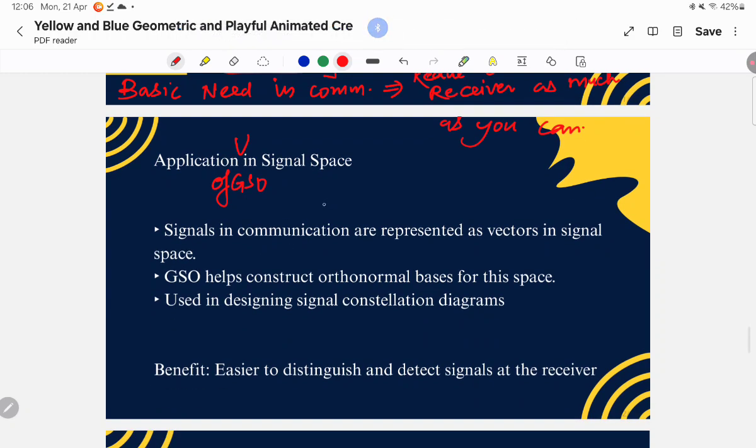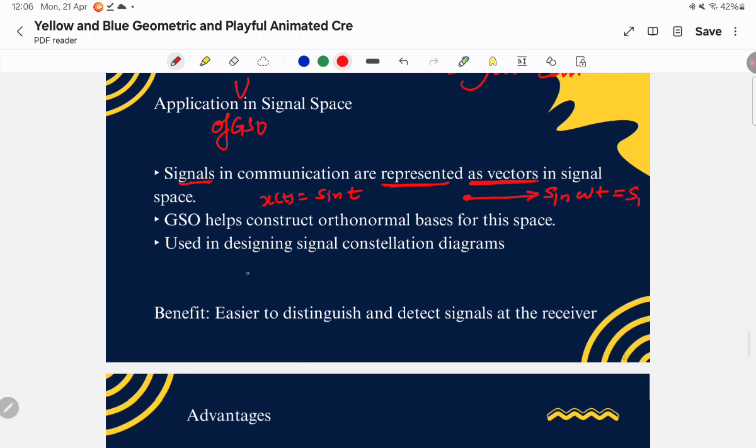Let's say we have x(t) equal to sin t, a signal. Instead of writing it, we represent it as a vector S1, right? So all the signals are represented as vectors. Instead of writing sin t or sin omega t, we write it as S1.